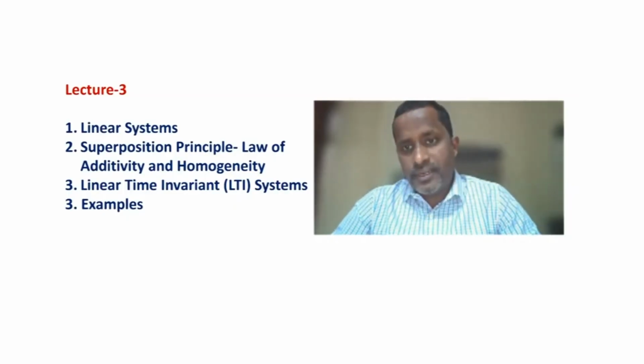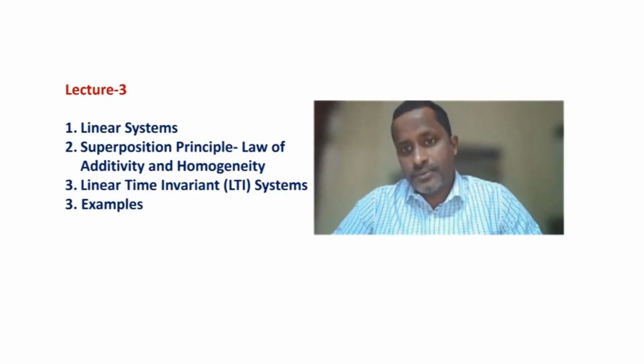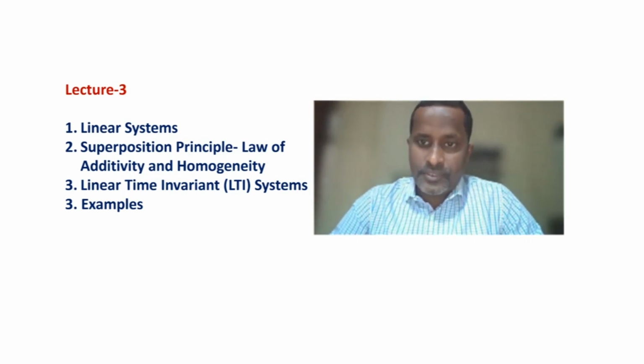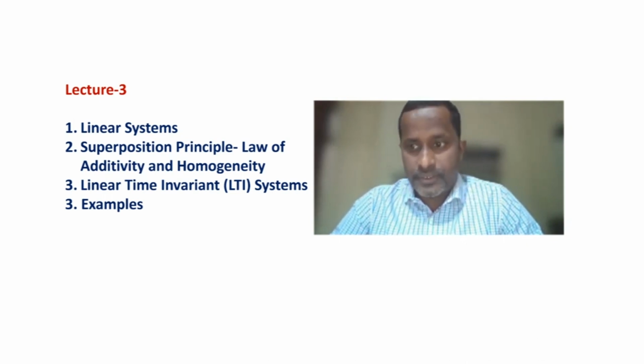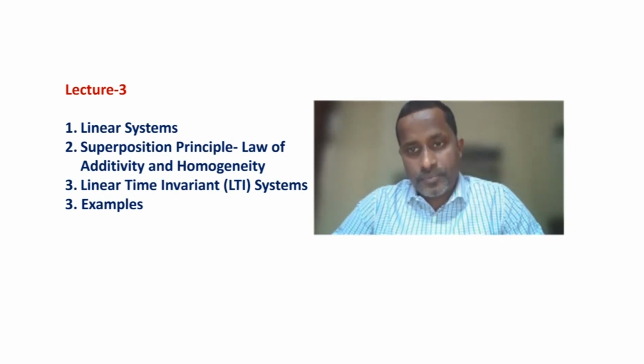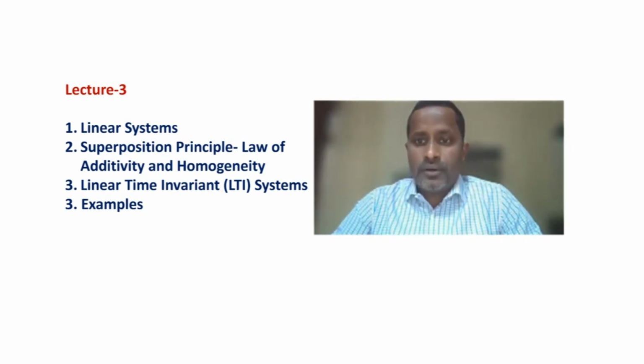In this course, we'll be dealing with classical controls for linear systems. Also, we have to assume the system is time invariant. To prove the linearity of the system, we have to follow the principle of superposition, under which there are two important laws. One is the law of additivity, another is the law of homogeneity.